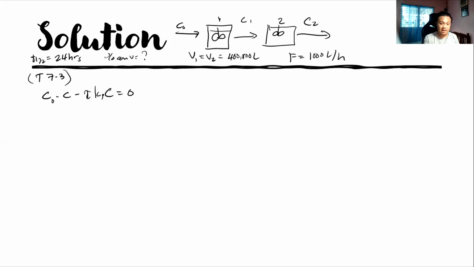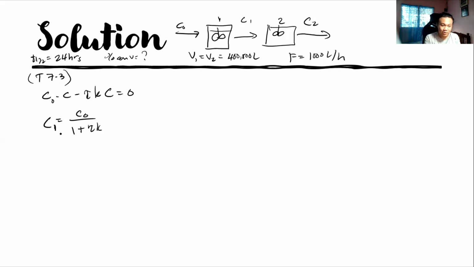K is the specific rate of reaction. C is the final concentration. CO is the initial concentration. If we pattern this, we can see that C equals CO over 1 plus tau K.